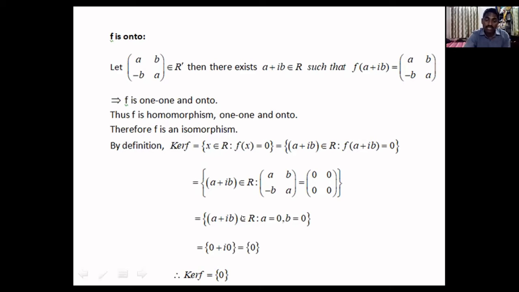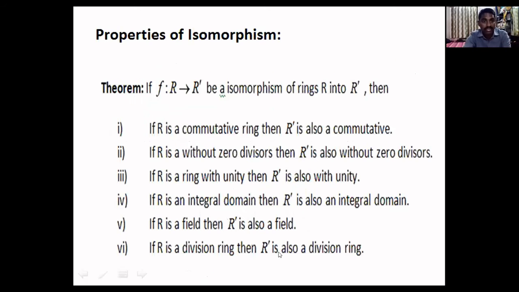Here if these two are equal, it means a equal to 0 and b is equal to 0. And again substituting here, 0 plus i0 is equal to 0. Therefore kernel f is equal to 0.